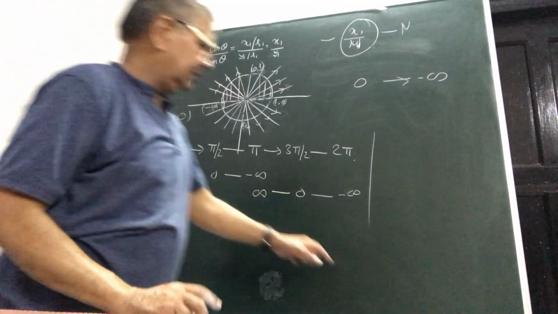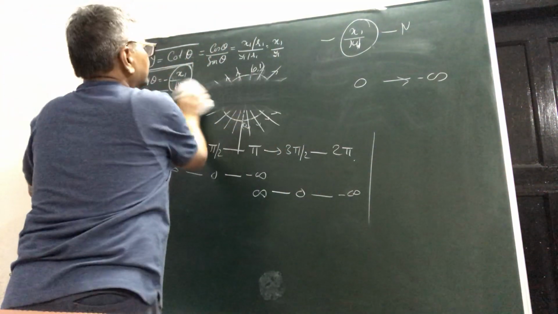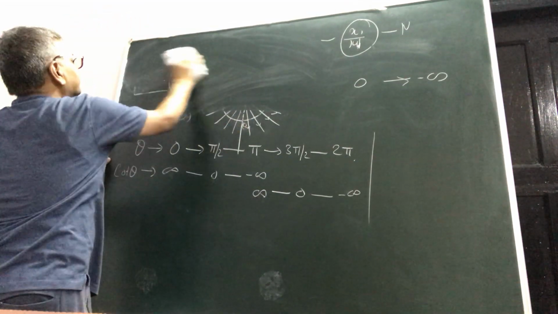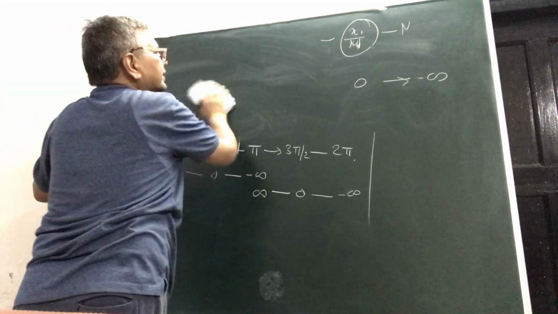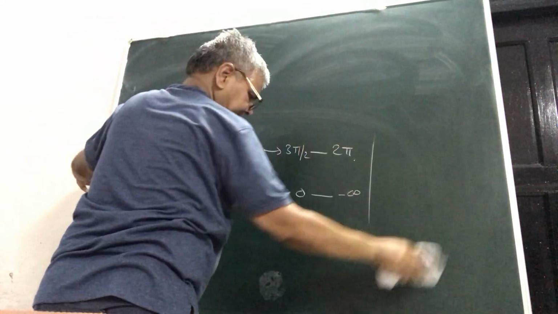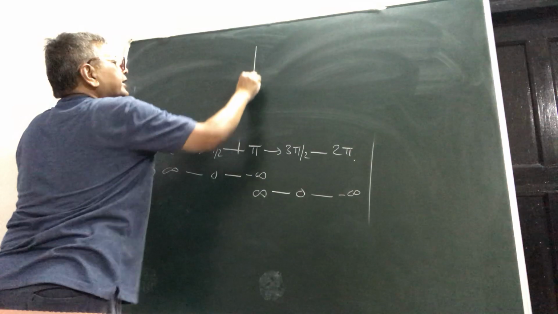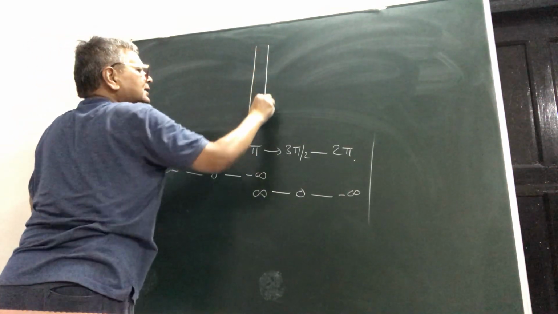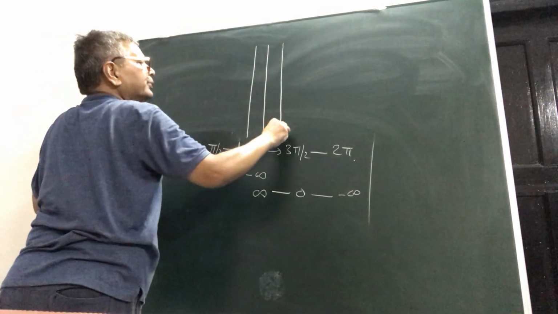And this will give you the entire analysis of this cot theta in all the four quadrants. And now with this, we will draw the graph of cot theta and see how it is obtained. Again, same thing: draw vertical lines here at the spacing of pi by 2.